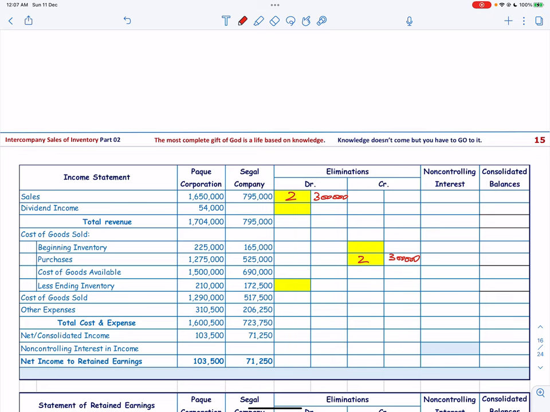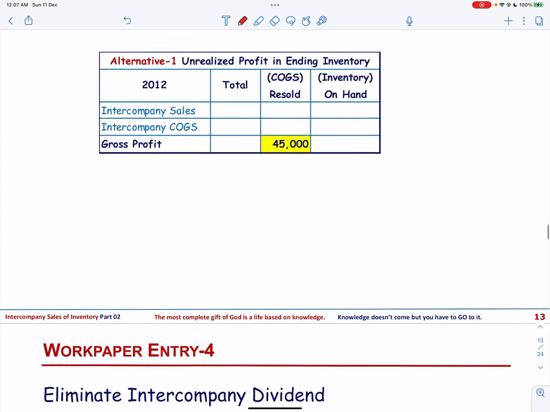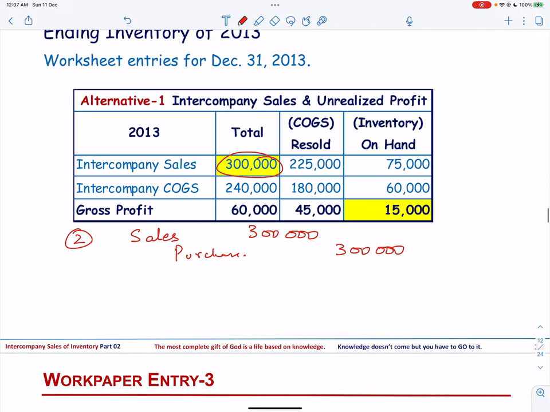Let us go back again, and you can see that there is an ending inventory of 75,000, but this is not correct, as the actual cost of goods sold by the parent company is 180,000 and not 225,000.